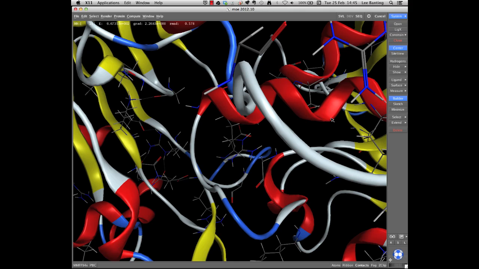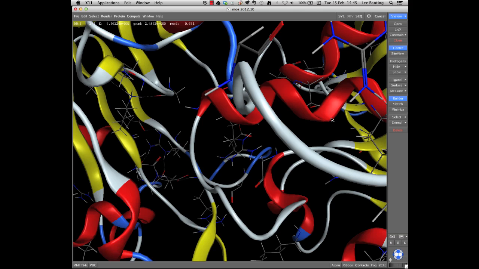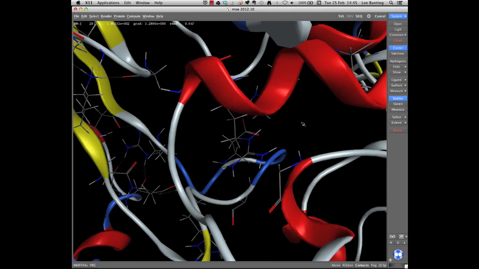This minimization is really affecting side chains, because the side chains are the easily variable components in terms of conformation within the protein, as we mentioned before in the lecture.